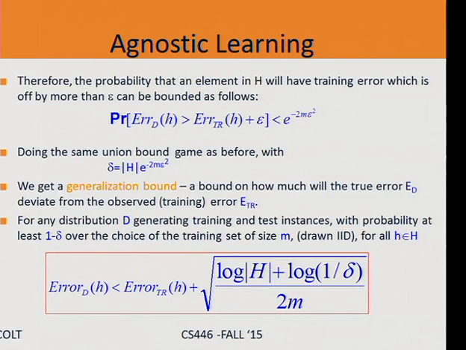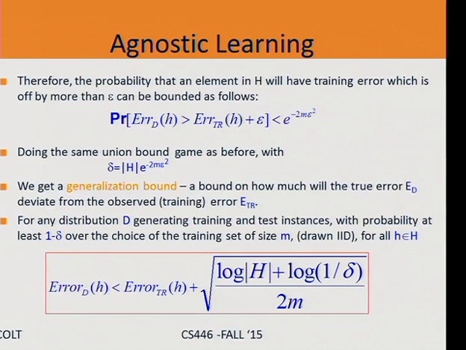So this is what we're going to say. Just replacing the P and the P hat, the probability that the true error is epsilon away from the observed error is going to go down exponentially fast in M and epsilon. And just like we did before, I want this to be smaller than delta. Once I fix my delta, I'm going to isolate M from here, using exactly the same trick that we did last time. And that's what I'm going to get.